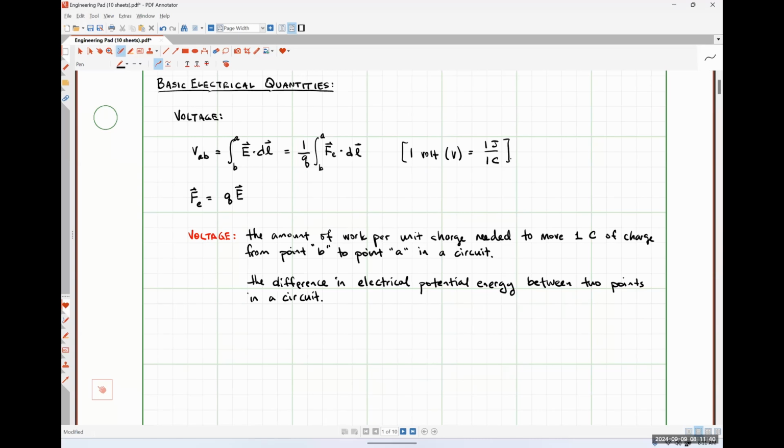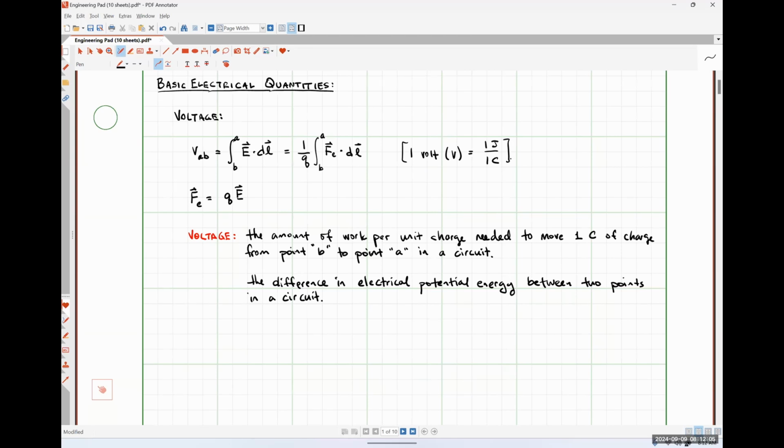That makes sense mathematically, because work or energy is measured in joules, and we multiply by a factor of 1 over charge, which is measured in coulombs. So a volt is nothing more than a joule per coulomb, which you were already aware of, but now we formally know why.